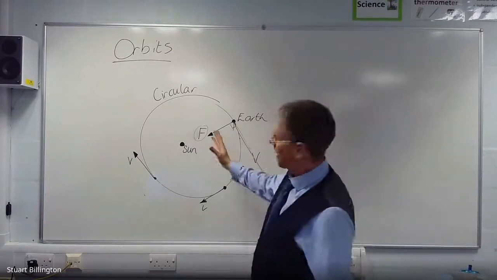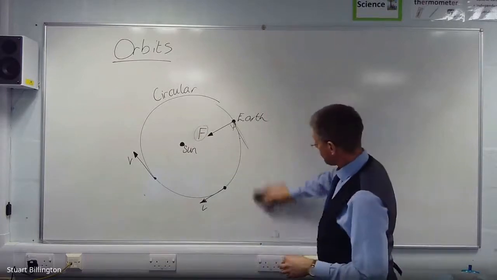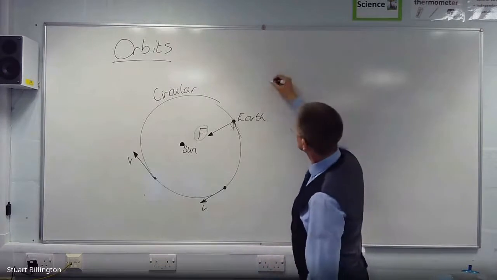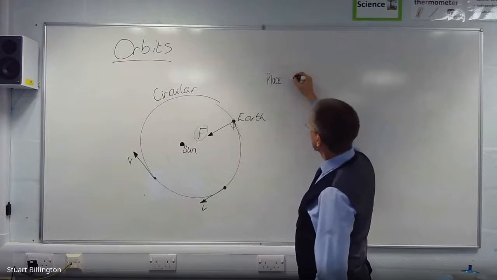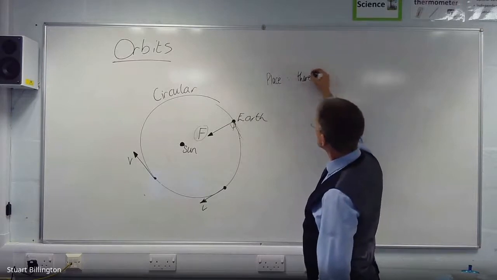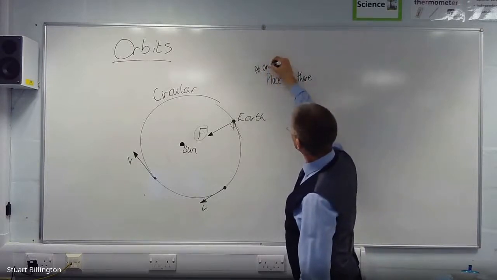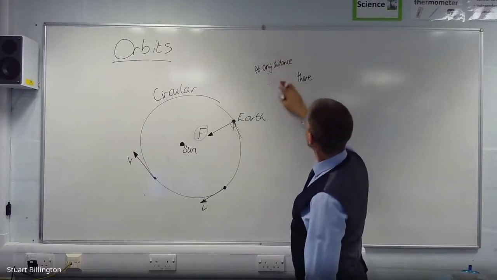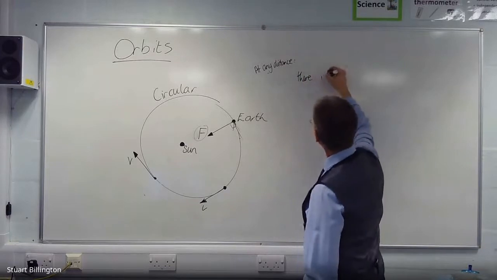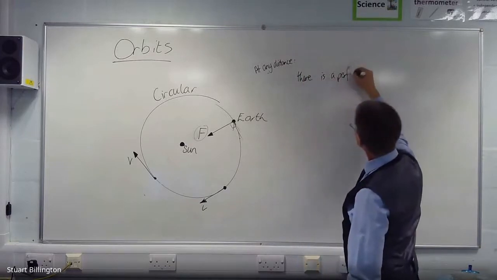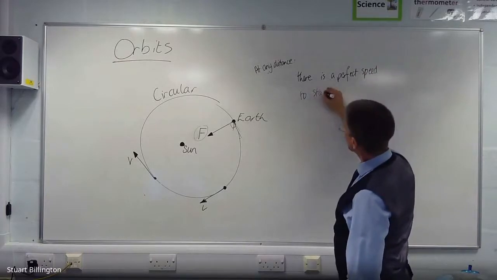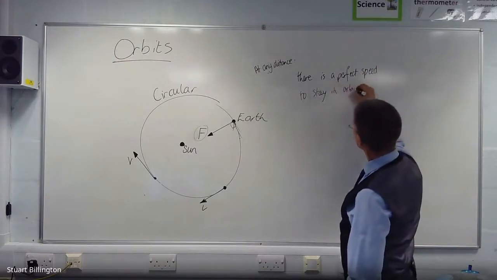So the next thing that I need you to note is that at any particular place, there is a perfect speed at any distance. Let's write distance instead. There is a perfect speed to stay in orbit.